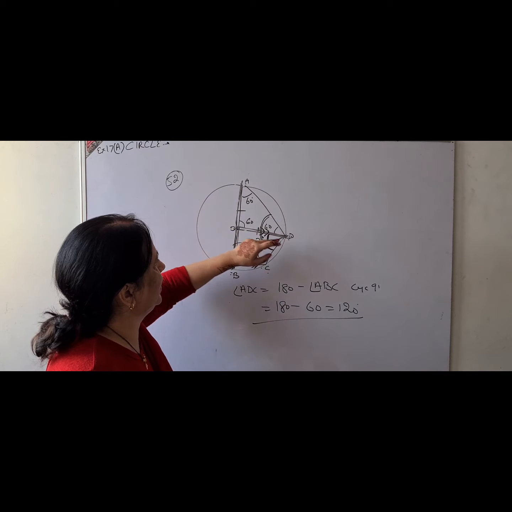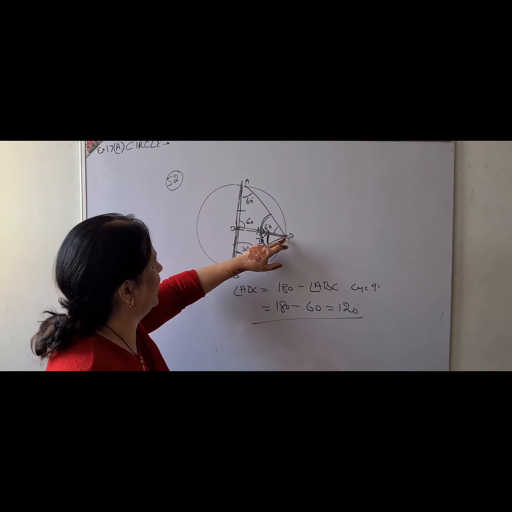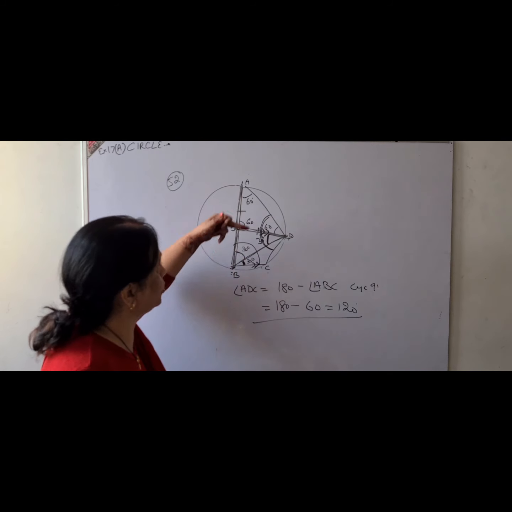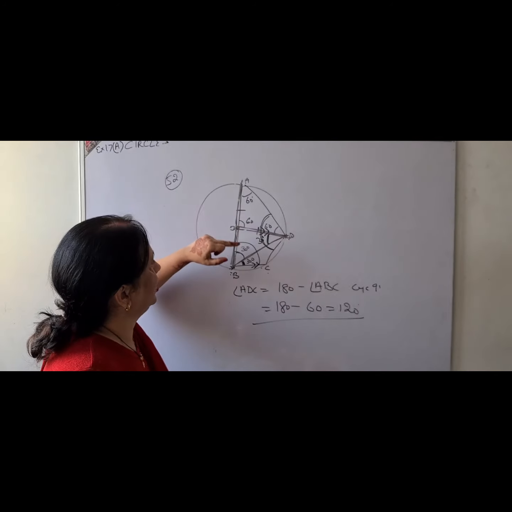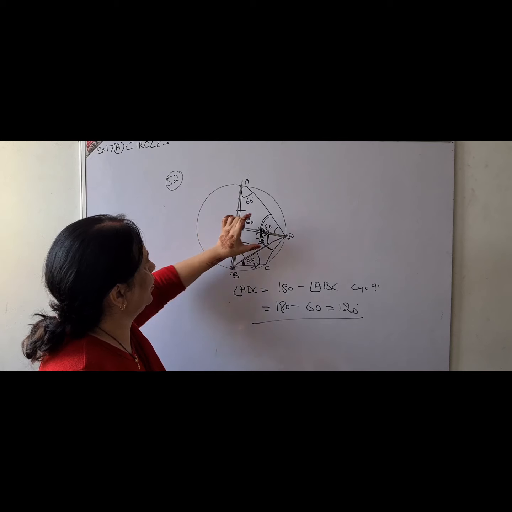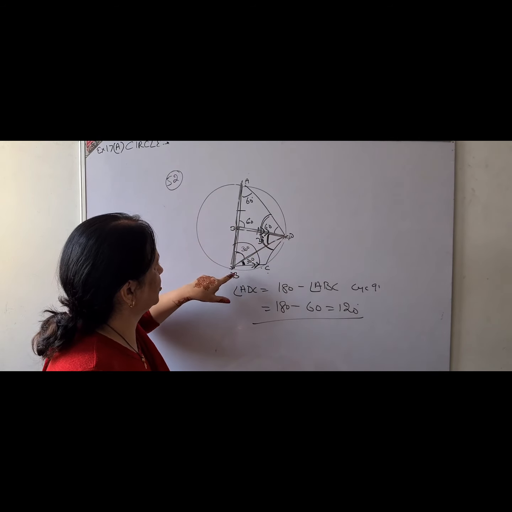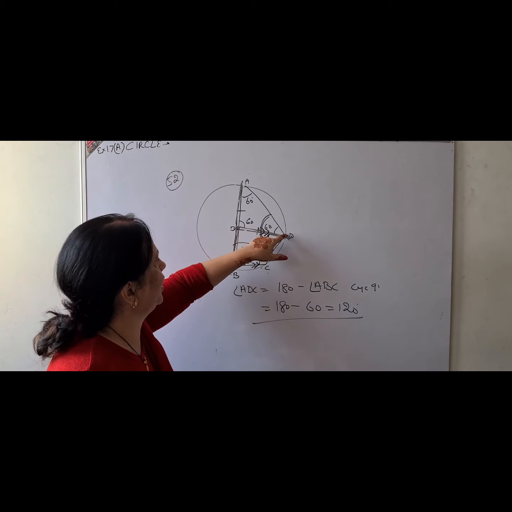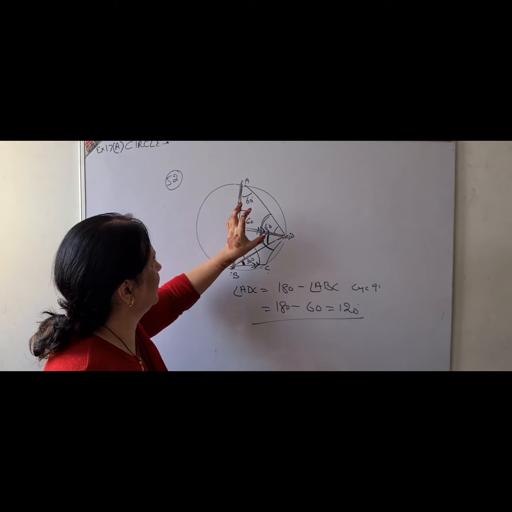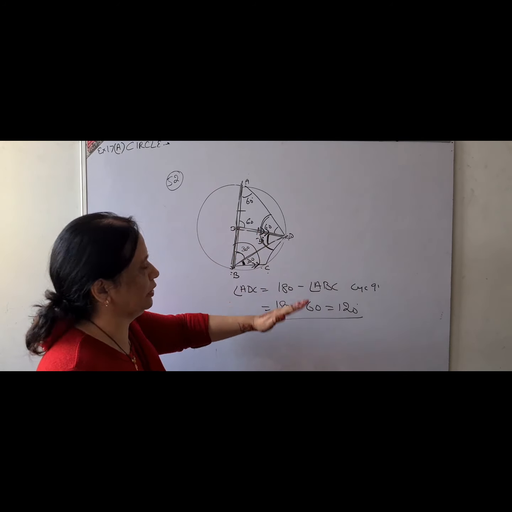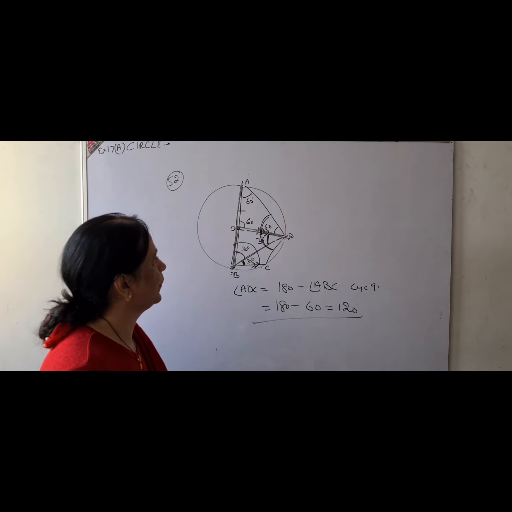If angle AOD is 60, ABD will be half of 60, because ABD is the circumference angle to AOD, the central angle. 30. Again OB and OD are radii, so isosceles triangle, so ODB is also 30. Then again ODB is equal to DBC because they have given OD is parallel to BC, so they are alternate angles. See how the chain goes, and this is your answer.